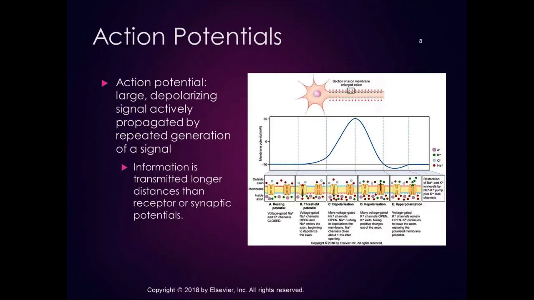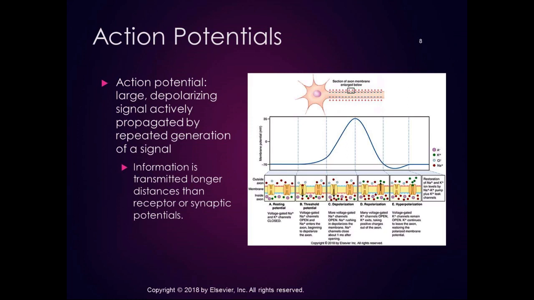So action potentials. Because the receptor and synaptic potentials only spread a short distance, the action potential is essential for rapid movement of information over long distances. The action potential is a large depolarizing signal that's actively propagated along the axon by repeated generation of a signal.